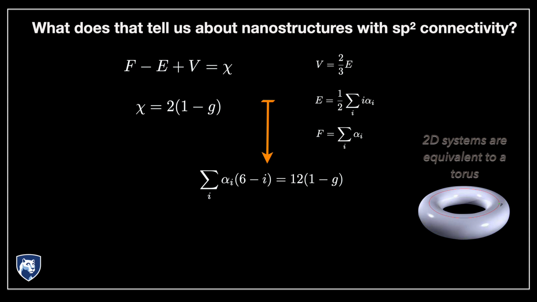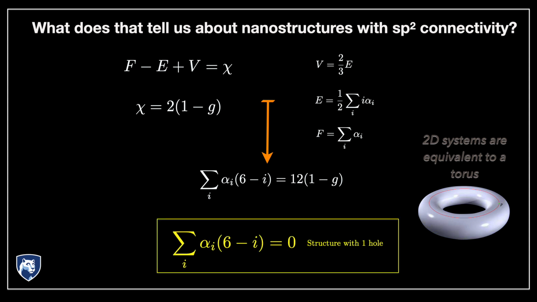So in one direction of the torus you have one of the dimensions, in the other direction of the torus you have the other dimension. This is the equivalent of having an exactly two-dimensional tiling of the space. Now, if it's equivalent to a torus, that means that the structure itself has one hole, so g equals 1, and therefore the equation simplifies even further to this equation.